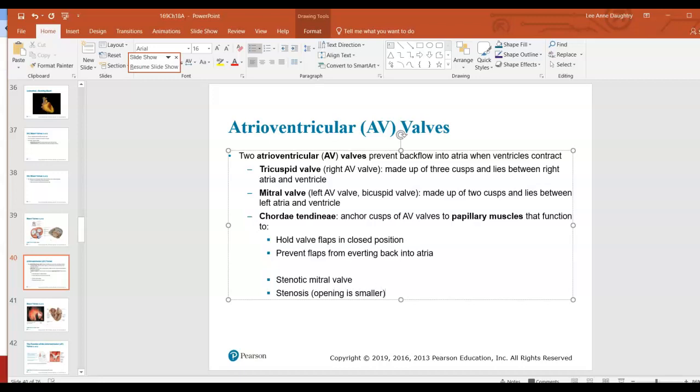So stenotic mitral valve means the mitral valve doesn't open enough, and what you're going to hear is a very high pitch click when the valve is not open wide enough. And this is during the contraction of the heart. You're going to hear a very high pitch click if a person has a stenotic mitral valve.